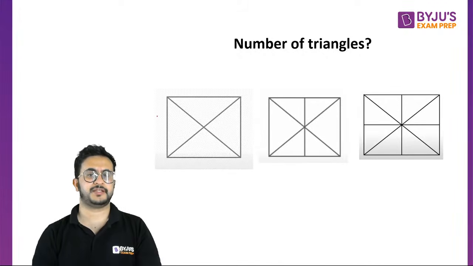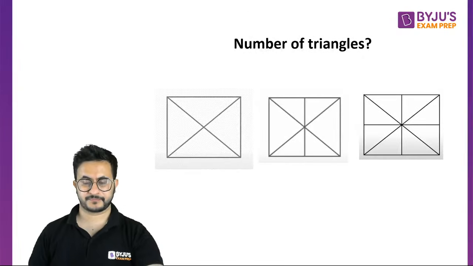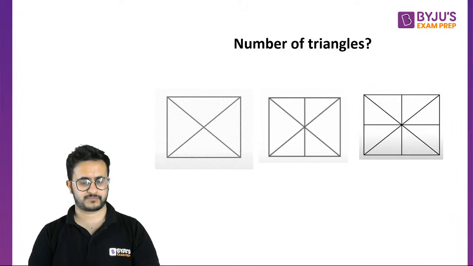How many triangles are in this figure, this figure, this figure? There's a very easy way to find the number. Can you tell the number of triangles in the first figure?